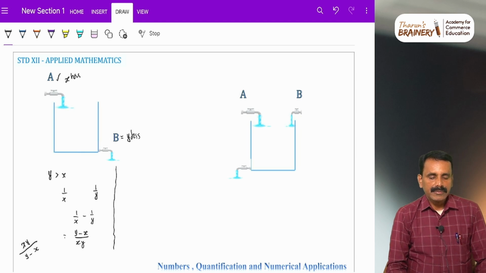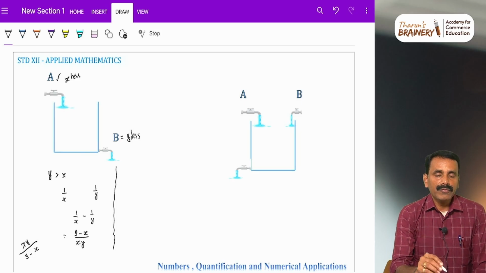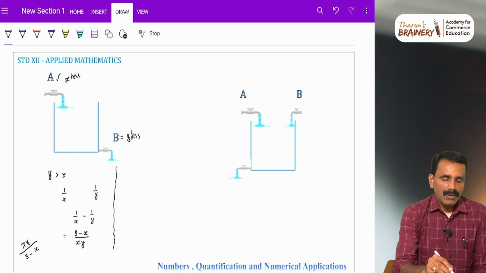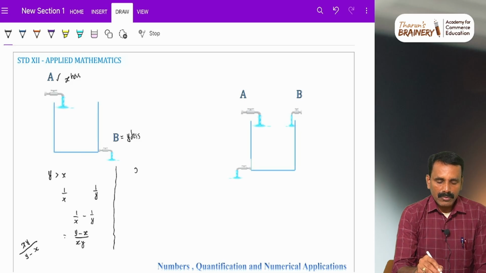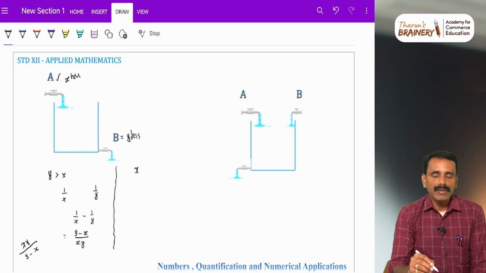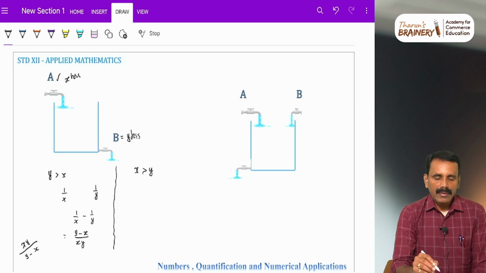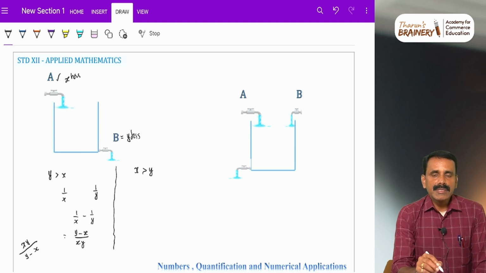In the second case, the time taken by pipe A to fill the tank is more, X is more. The pipe A takes more time to fill the tank than the time taken by tap B to empty the tank. So, the outflow is faster than the inflow, and the tank will be getting emptied.